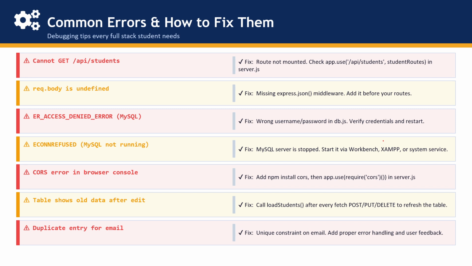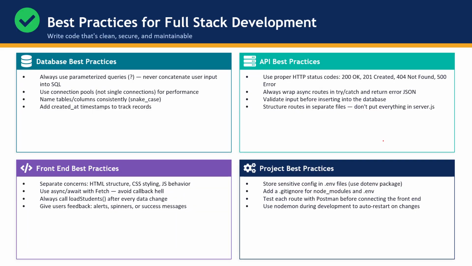If the body is undefined, we need to make sure we are using the middleware, express.json. If we are not using it, it will definitely create some problems. So these are errors you could face, and these are the possible solutions you need to consider to solve those problems.